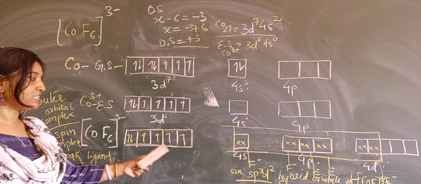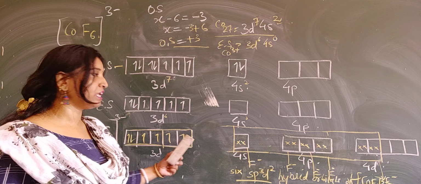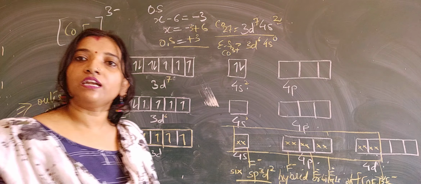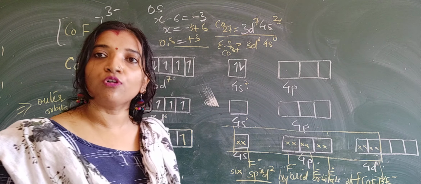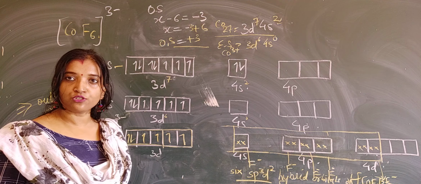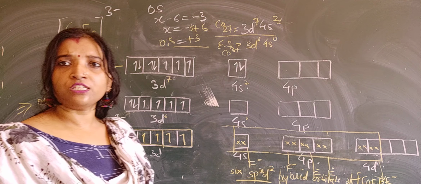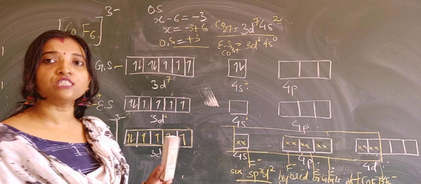Now, you can see the pairing of electrons is not there. So there are many unpaired electrons present. Unpaired electrons will result in more spin. The resulting spin will be more. So this type of complex is called a high spin complex.